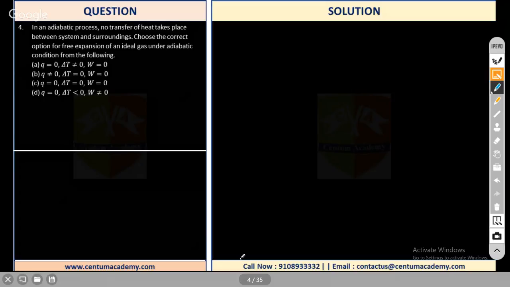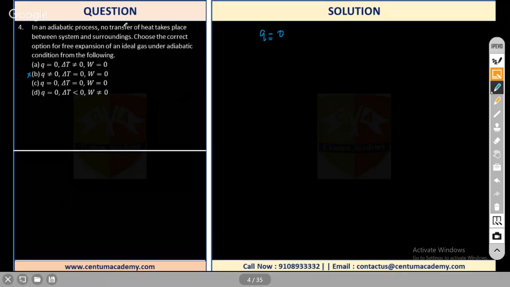Okay, some of you are getting A, D, Amog is getting C. I think option B you can eliminate easily, right? Because Q does not equal 0. See here, the process is adiabatic. So for an adiabatic process, we can easily write Q is equal to 0. This is for sure. Hence, option B is not correct, right?